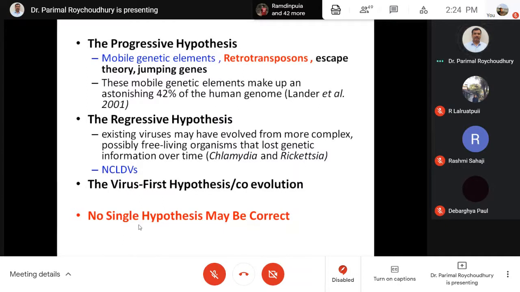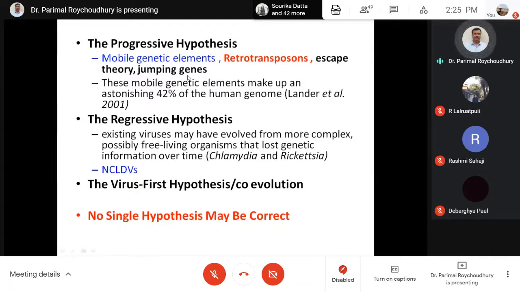But looking at the nature of viruses, one of the theories is called the progressive hypothesis, where it is believed that some of the mobile genetic elements of our higher plants and animals somehow escaped from those cells and gave rise to viruses. Some structures like retrotransposons, which are called mobile genetic elements, can also be called jumping genes.